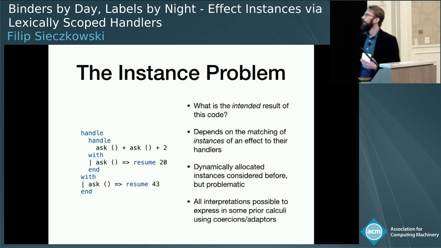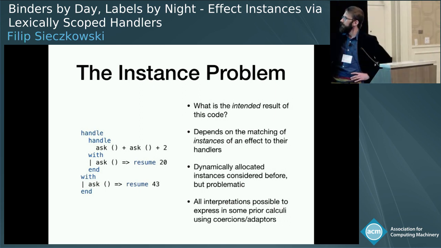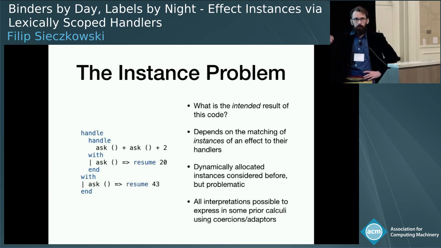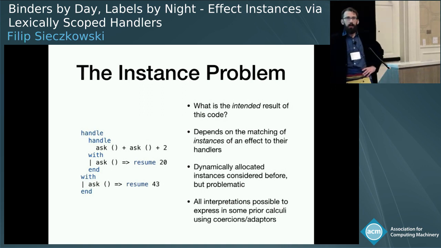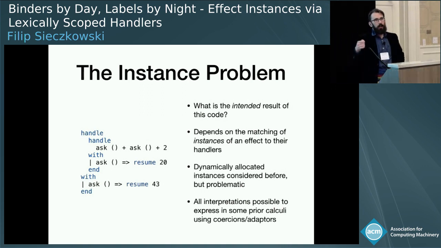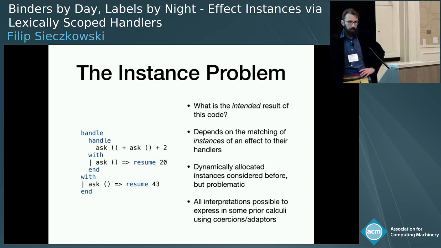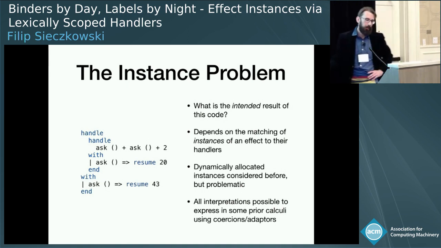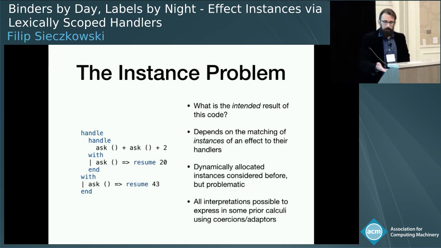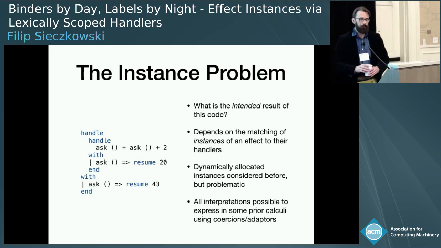So basically, we'd be able to enclose one of these instances, or both, with some coercions that would say, both statically and at runtime, which handler would get matched with which ask. Now, this allowed us a lot of power, right? These are called coercions in our prior work and adapters by the Frank authors.